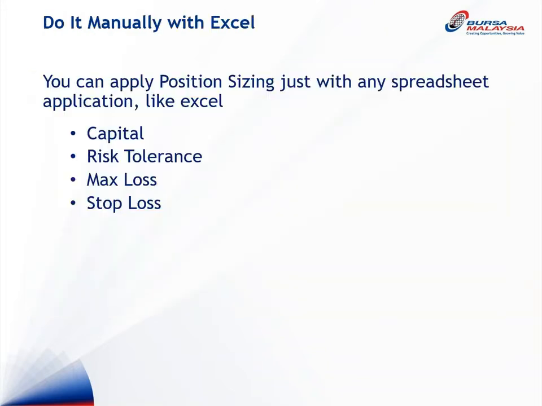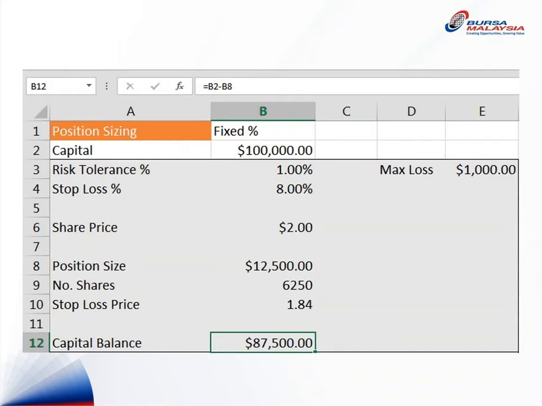So you can do it manually with Excel. You can apply capital, risk tolerance, maximum loss, and stop loss, and put them into a figure just like what I posted to you before. And with this, I think you can get a very good picture of how to start trading.